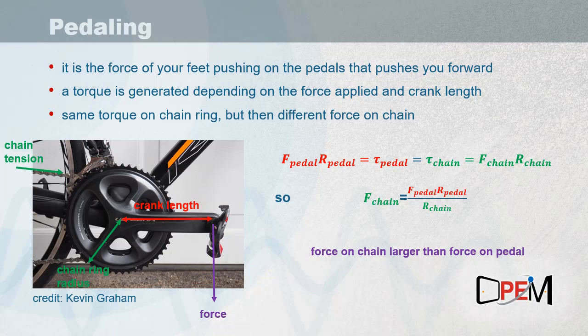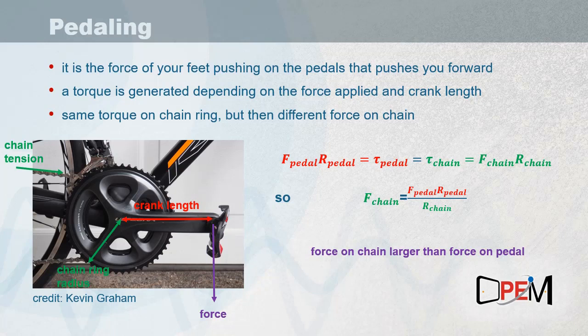So if you're applying a force on the pedals, and just for simplicity's sake, let's suppose that the crank arm is horizontal as shown in the picture, and you're standing on the pedals, so the force is in the downward direction. In this case, there's a torque on the chain ring that the crank is attached to.